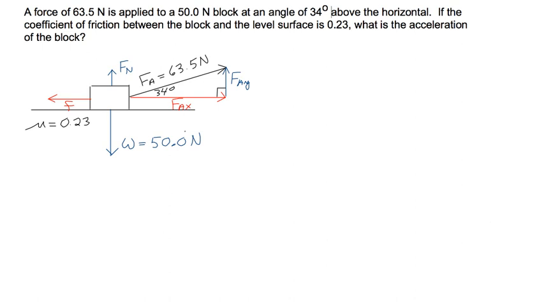And the unknown in the problem is the acceleration. So acceleration is what we're looking for. So that's a complete picture now. It now has everything that we need to solve this.